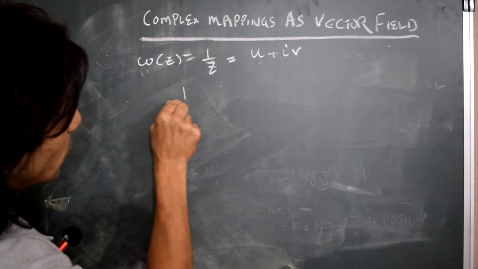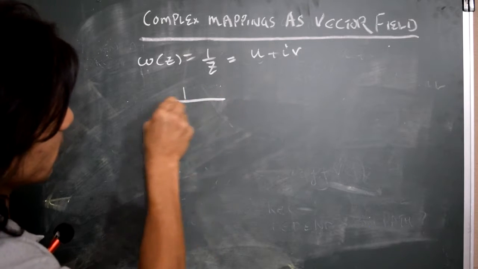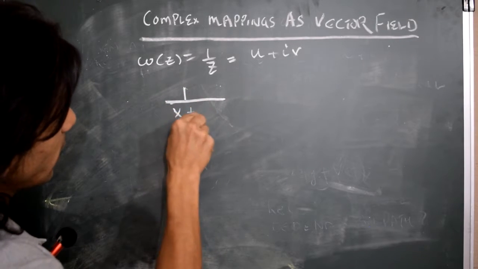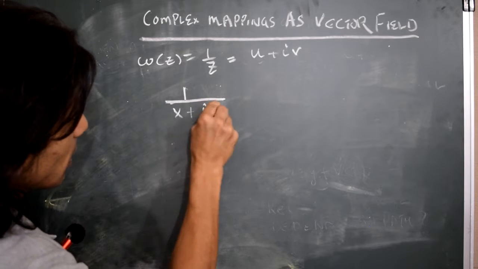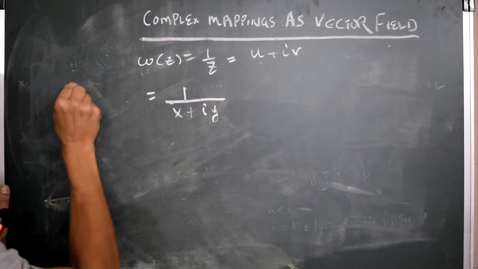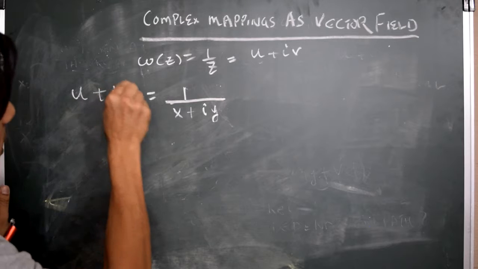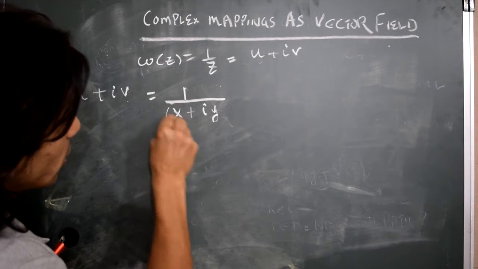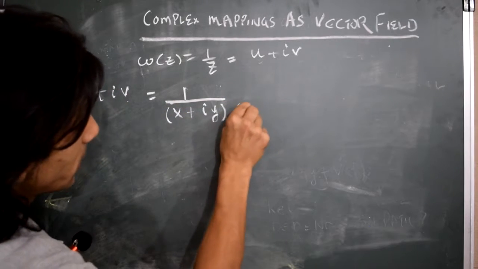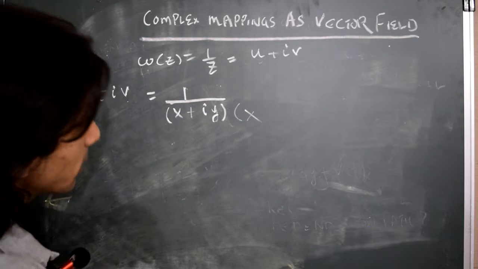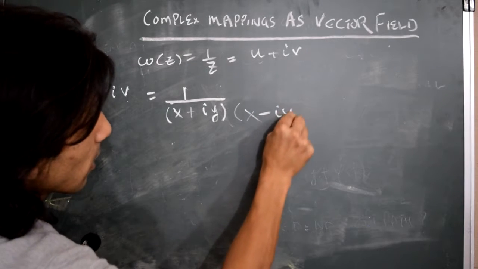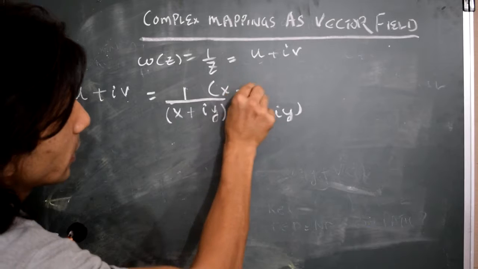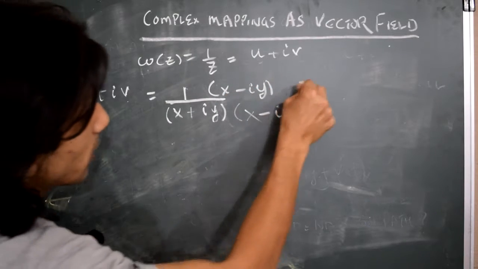Essentially, 1 over z can be expressed as 1 over x plus iy, which is u plus iv. And then we can simplify this expression, or divide the numerator and denominator by x minus iy, to extract the real and imaginary parts of the complex function.